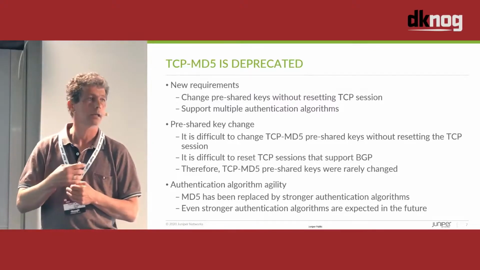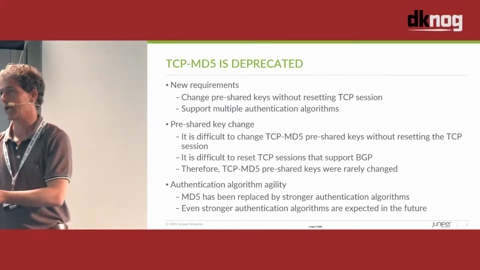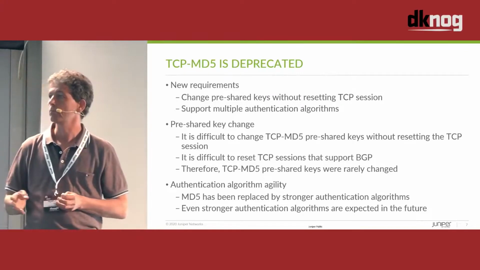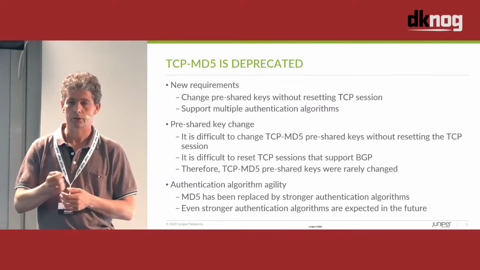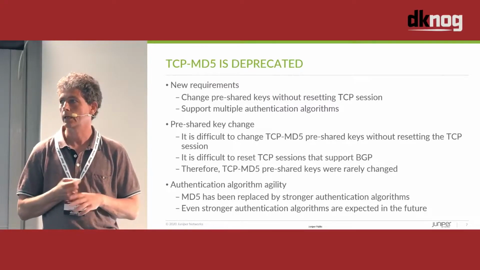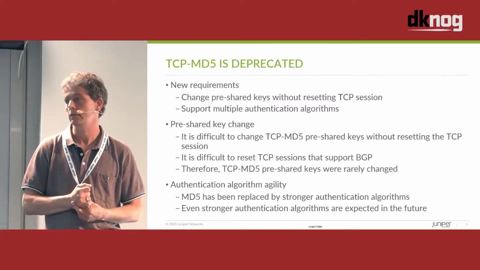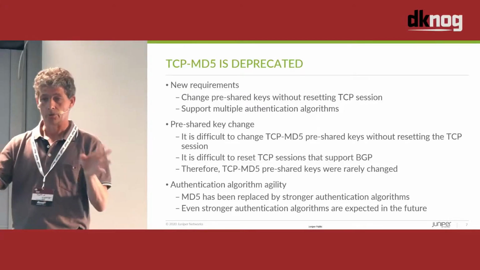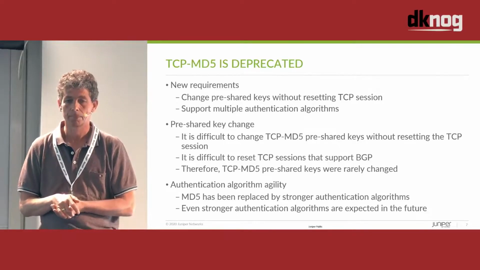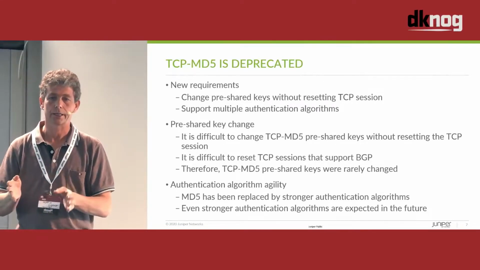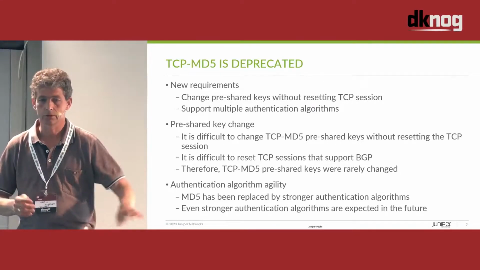Now, it doesn't mean that code doesn't need to be changed, because if somebody adds a new smart algorithm, you have to, of course, implement that algorithm, right? But there are no key points that need to be allocated at the IETF. There's no data in the IETF that needs to be pre-formatted in a certain way in the TCP option to make this work. There is just the authentication option, and it has the ability to do so.